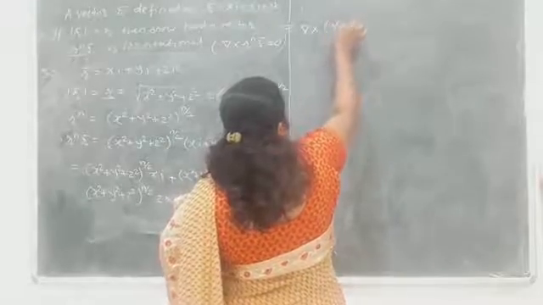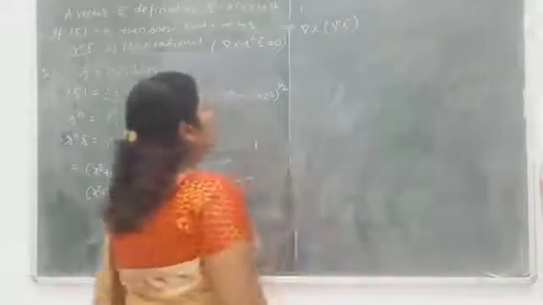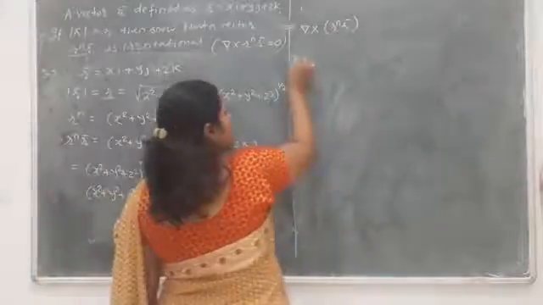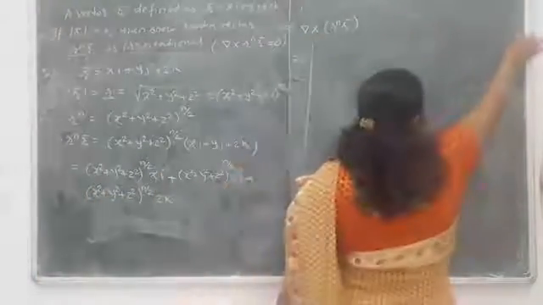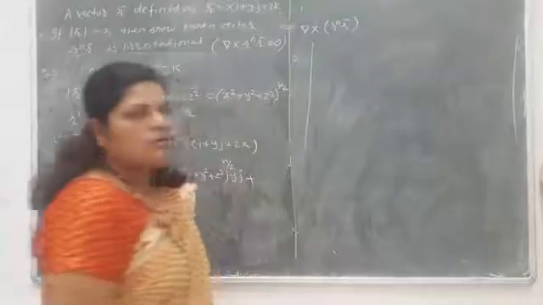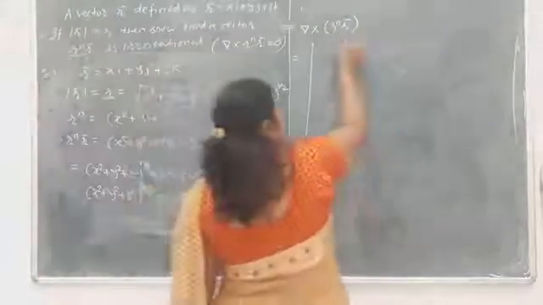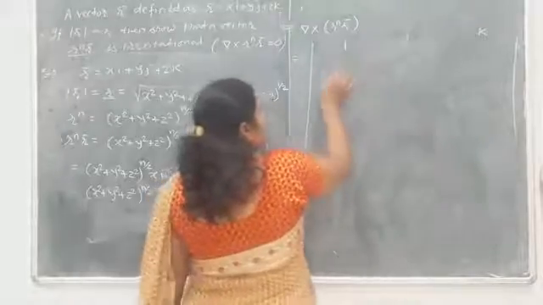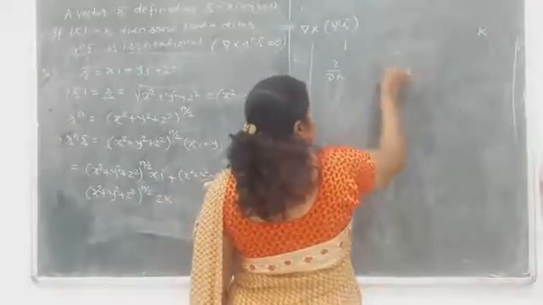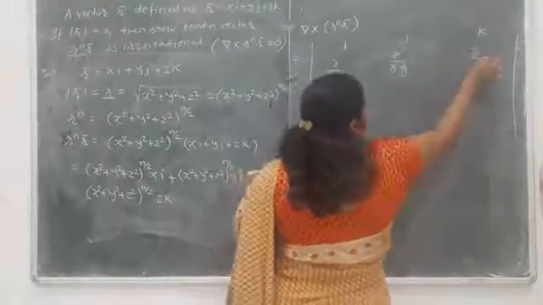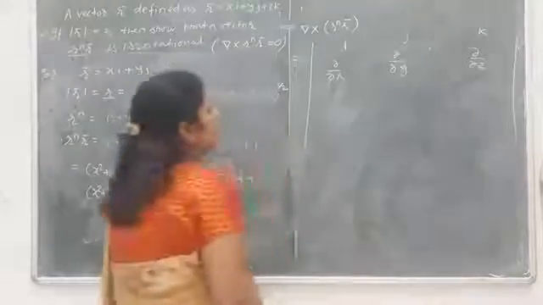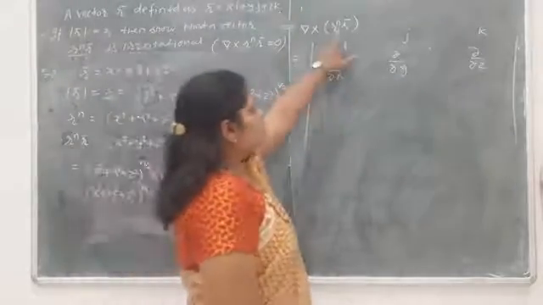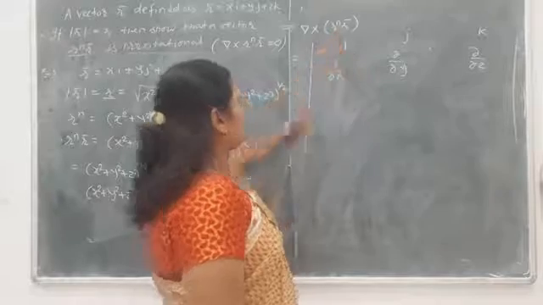So del cross of r raised to n into r bar should be equal to, we write here a determinant. In the first row of that determinant there is i, j, k. In the second row there is del by del x, del by del y, and in the third del by del z, and in the third row there are the coefficients of that vector of i, j, k.